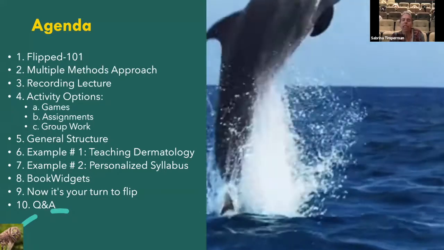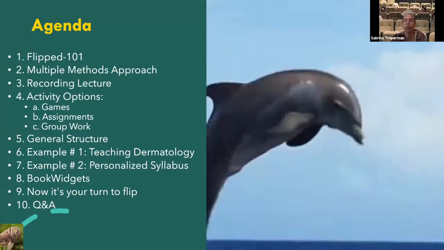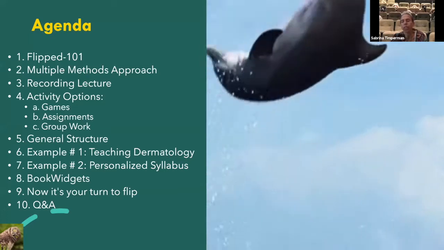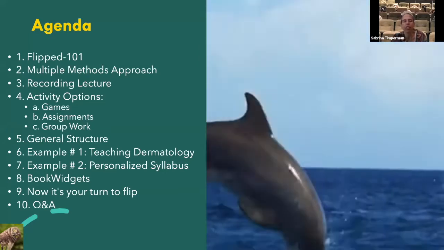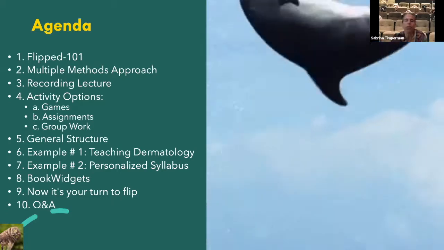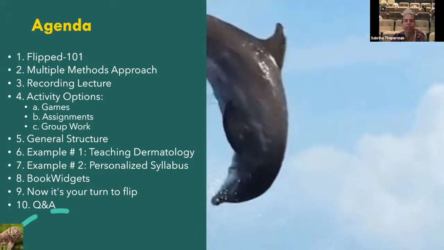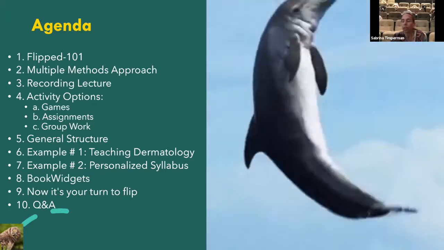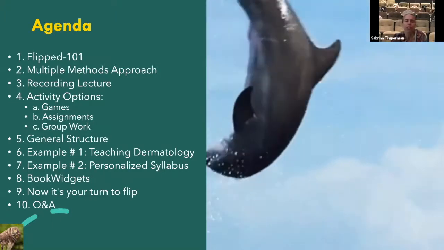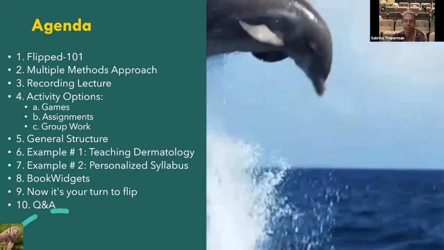We're going to give an example that Dr. Colon uses in her teaching terminology, and then I'll give you an example of something that I do called the personalized syllabus in my physiology class. We also wanted to give you a tool that's really been helpful to use online. It actually has some great resources and allows you to engage with the students in the online environment. It's called Book Widgets. And then we're going to talk a little bit about ways that you can flip and have a Q&A.